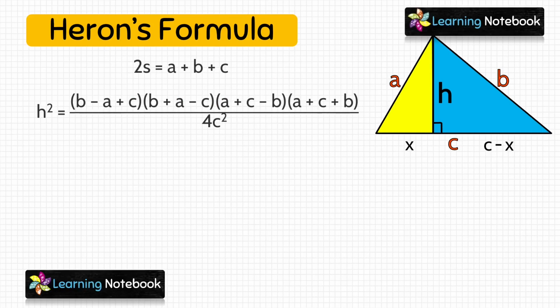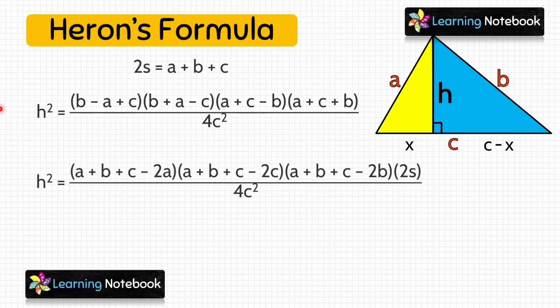So let's do it. Let's make terms of each of these brackets as a plus b plus c. So take a look at the first bracket. We can write b minus a plus c as a plus b plus c minus 2a.